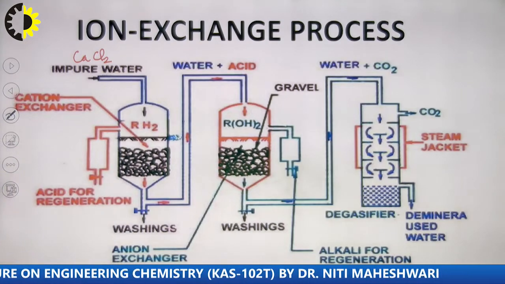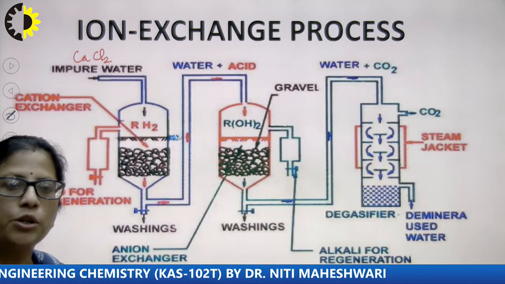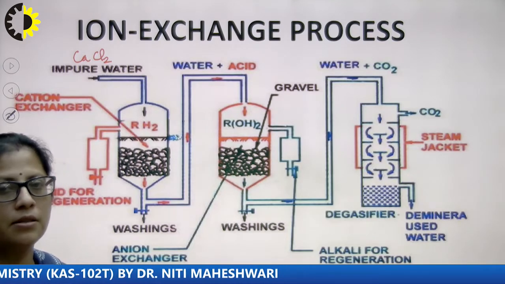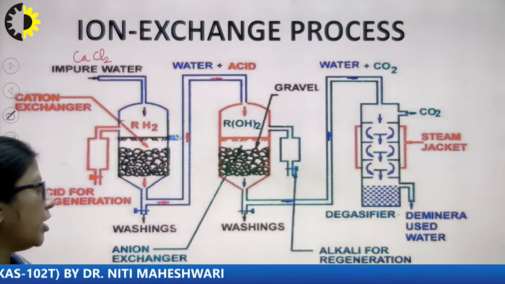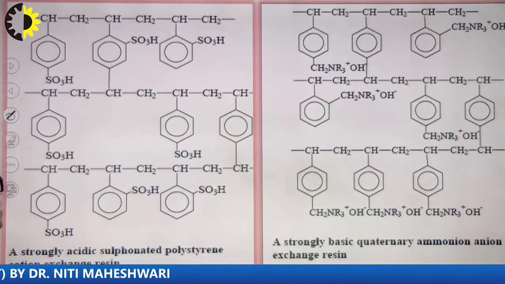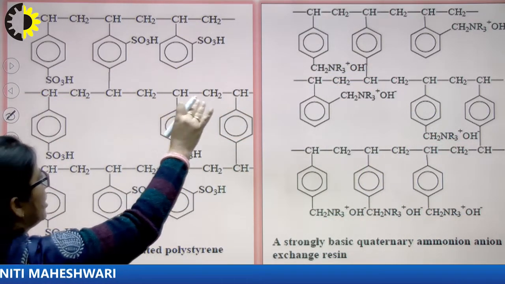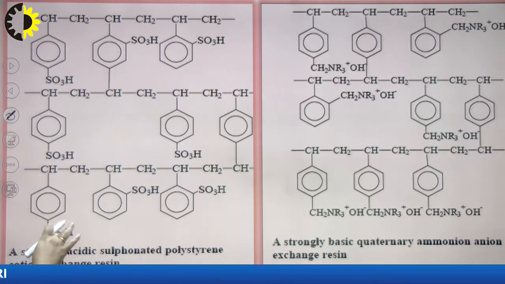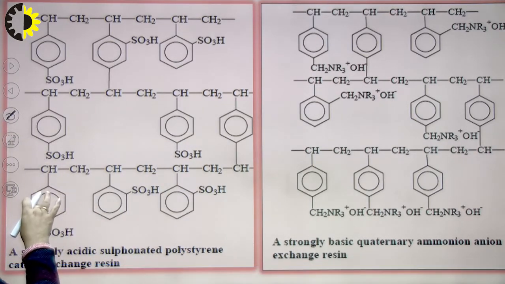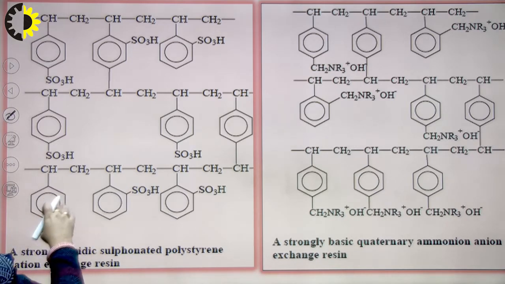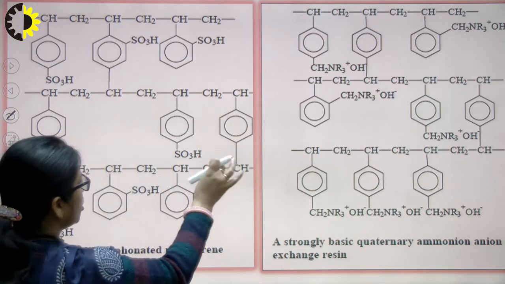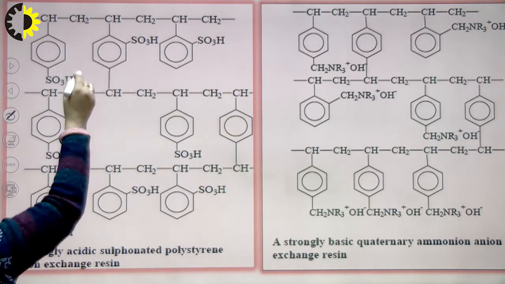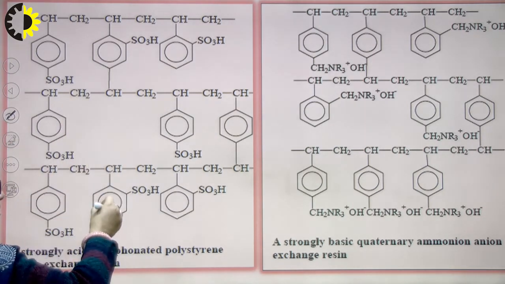When I pass this water through the cation exchanger, there are different functional groups present in the cation exchanger. Here you can see this is the polymeric chain and these are the different functional groups. This is the sulfonic acid cation exchange resin, and this is the base polymer chain, and the exchange takes place when hard water passes through this microporous structure.